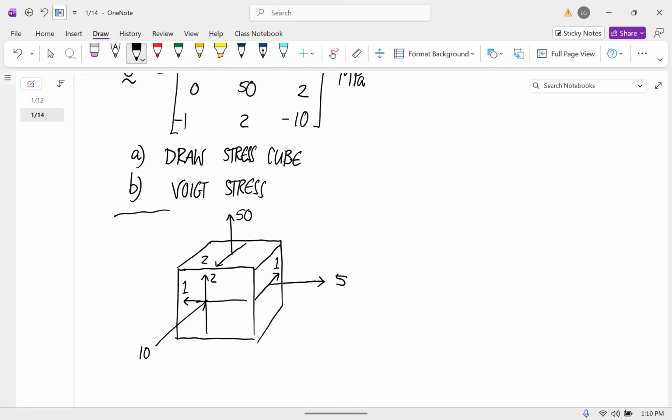Those shear stresses always have to be pointing towards each other or away from each other, the matching ones. They can't be chasing each other. And that's how that symmetry shows up. Anybody have any questions about that?